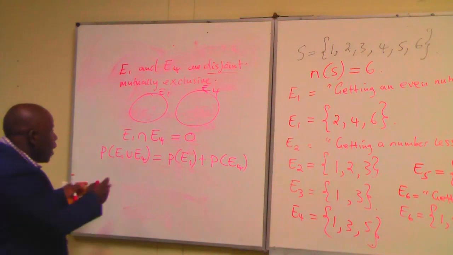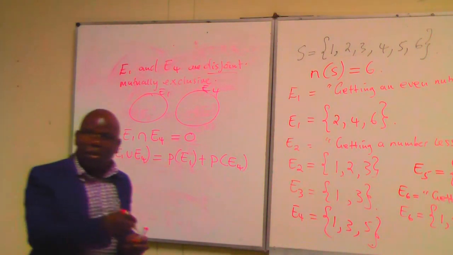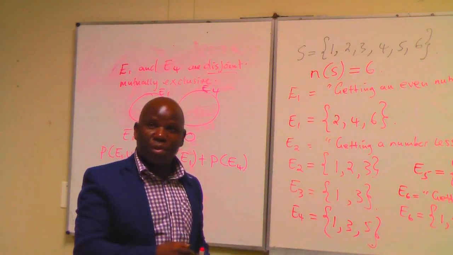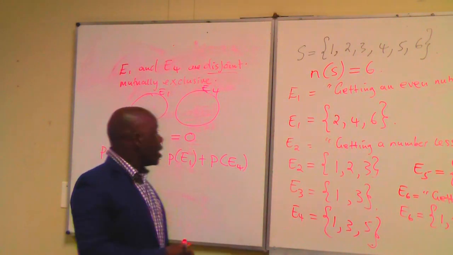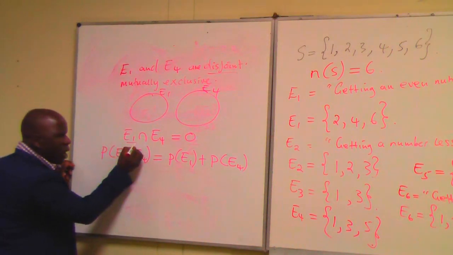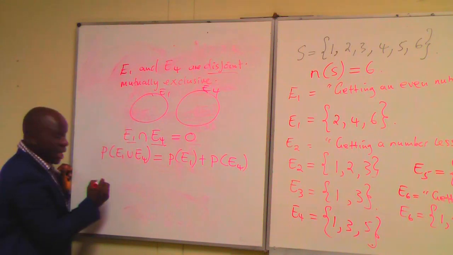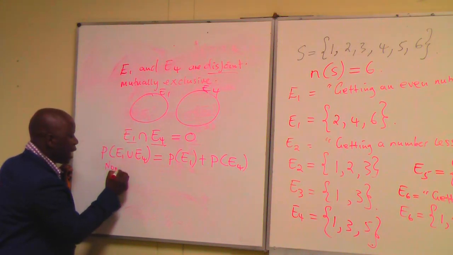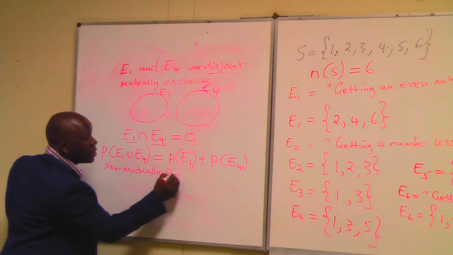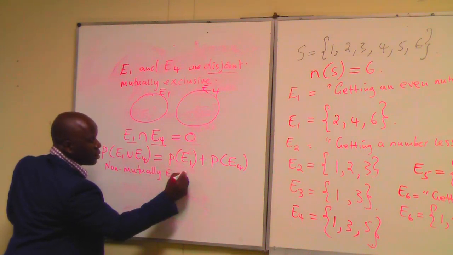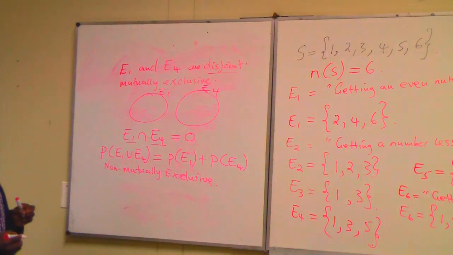And remember, E1 union E4 means either E1 occurs or E4 occurs or both. But in this case, both will not appear. That is why we are not interested in the intersection. But assuming that E1 and E4 are non-mutually exclusive, how do we calculate the probability of E1 union E4?